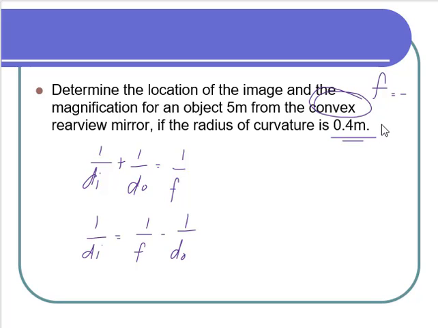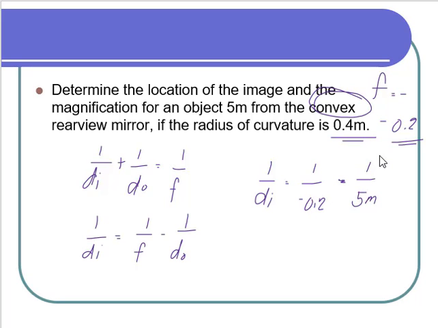The focal length here is negative 0.2. Okay, so let's solve. 1 over di is equivalent to 1 over the focal length, negative 0.2, minus 1 over the distance of the object, which is always positive, so that's 5 meters. So that will be 1 divided by negative 0.2 minus 1 divided by 5.